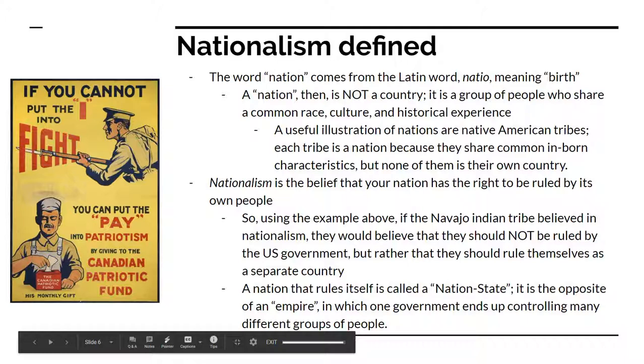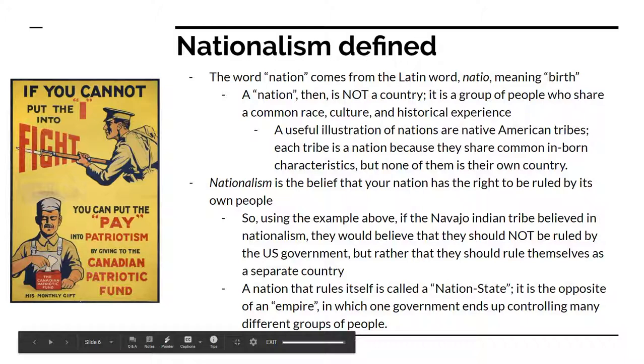So an example of a nation state today, let's just say Japan, right? Japan is an example of a nation state because in Japan, you have a government controlled by the Japanese people ruling over a country where the vast majority of the people are Japanese.